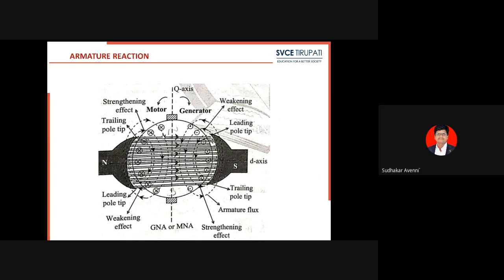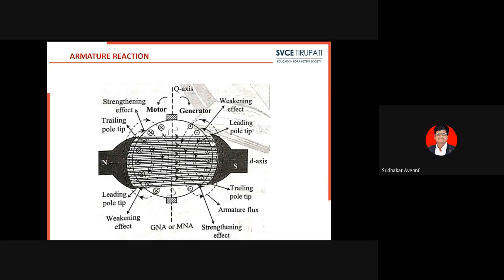Armature reaction takes place only under loaded condition. If there is no load on the generator, whether series, shunt or compound, there is no armature reaction. Once we connect a load to the armature terminals, the generated voltage drives current through the load as well as the armature winding, and armature flux is created. This creates an effect of armature flux on main field flux.